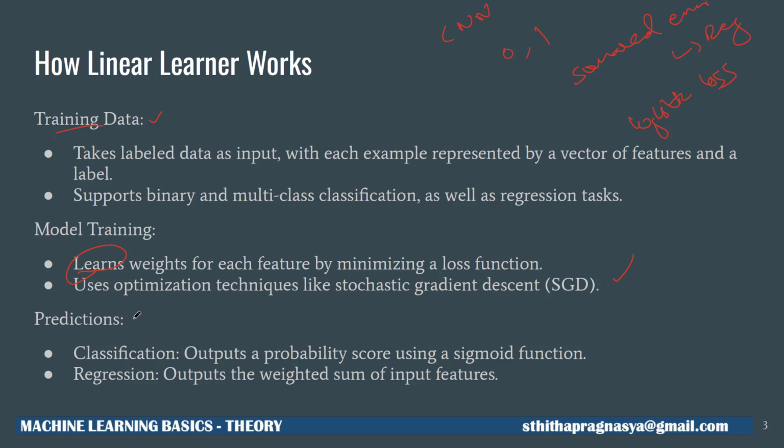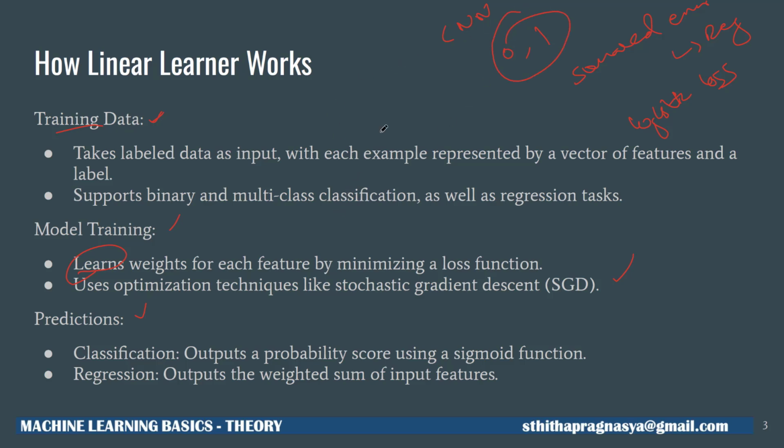And then comes the prediction. Same thing with any algorithm: you train it, you build the model, then you use the model to predict. In a binary classification problem, the algorithm calculates the weighted sum of input features and applies a sigmoid function to produce a probability score between 0 and 1.